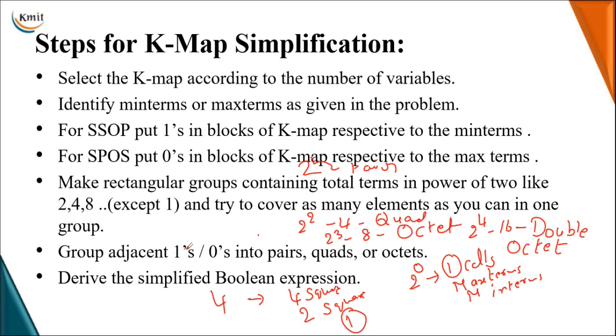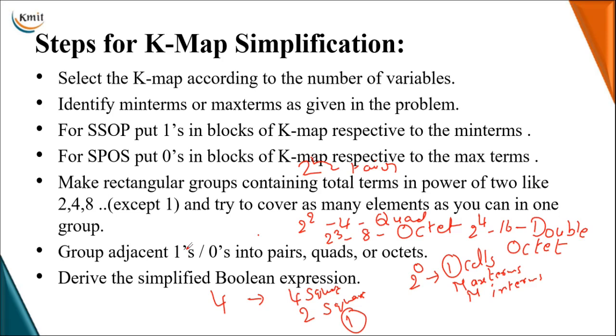Next, after forming the groups, each group must be represented as a product term in SSOP, and each group is represented as a sum term in the SPOS function. Upon having the product terms in SSOP, sum the product terms of all groups and you get your Boolean expression.